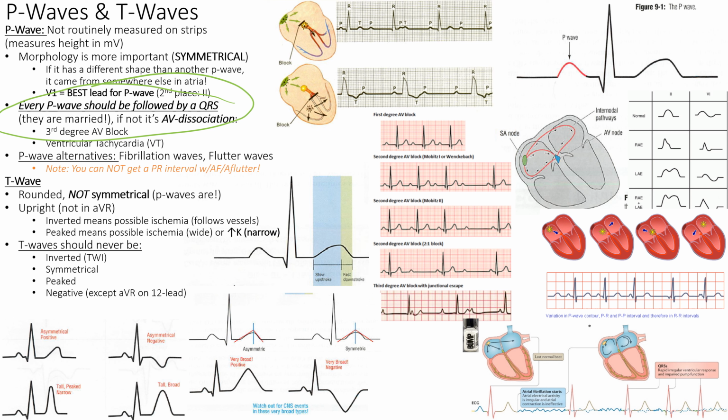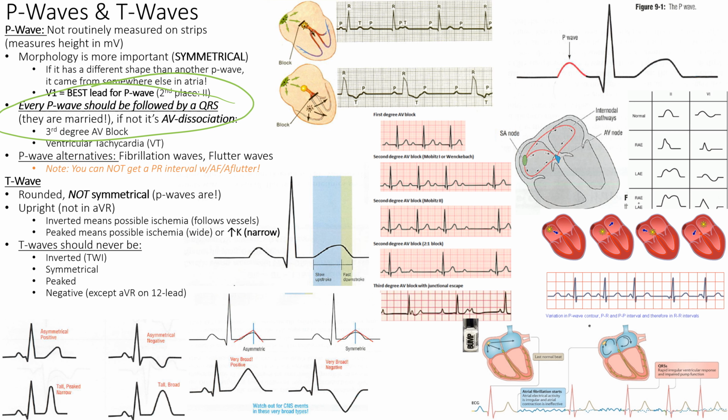And then there are different P wave alternatives. They turn into fibrillatory waves or flutter waves when we talk about AFib and A-flutter, right? And you cannot get a PR interval when you have those. So oftentimes we get EKGs turned in with the mini care plans and clinical worksheets, and they say the PR interval is 0.12. It's like, how'd you get that? You can't get a PR interval with AFib or A-flutter, okay?